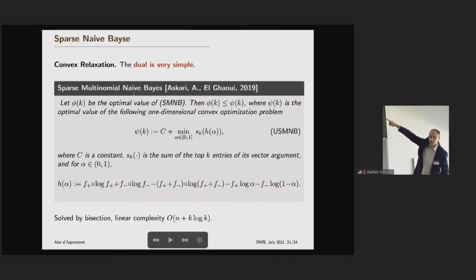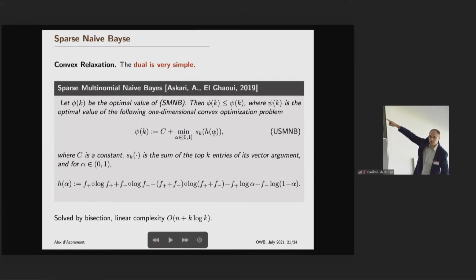And it turns out that in this case, we're lucky because the dual is very simple, right? And so basically, the dual is a minimization problem in dimension 1, where you try to solve the minimization of s_k of h(alpha), where alpha is between 0 and 1 and is your single problem variable.